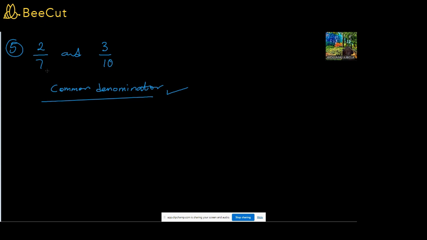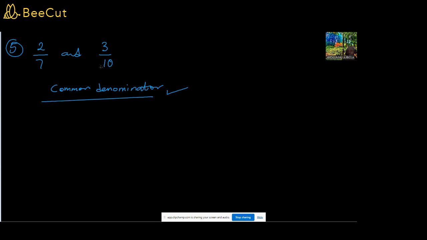So can 7 divide 10 without a remainder? No. 7 cannot divide 10 without a remainder. If you use 7 to divide 10, you're going to have remainder 3, okay? Is that clear?